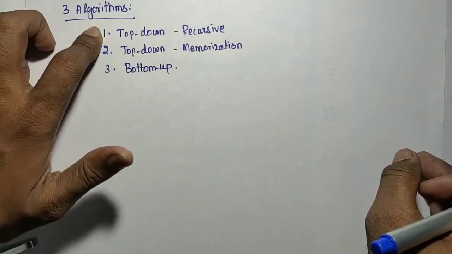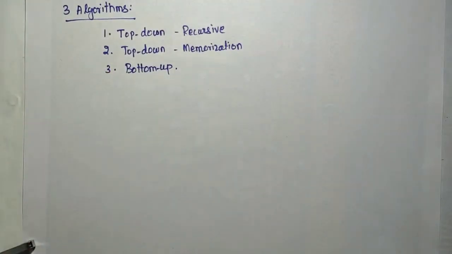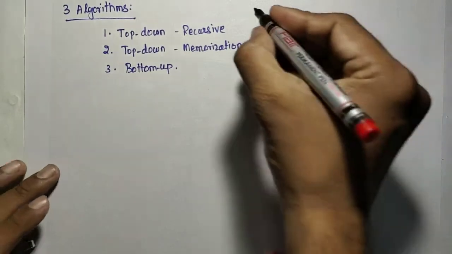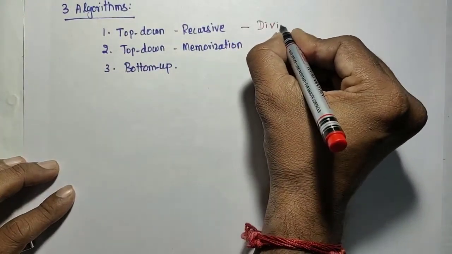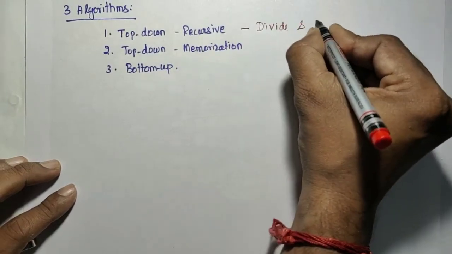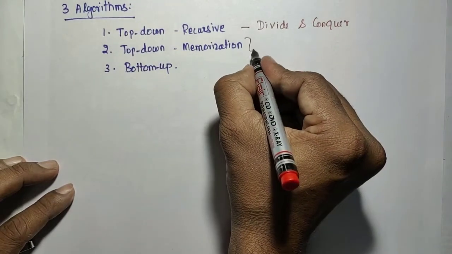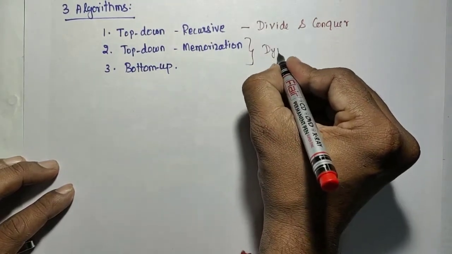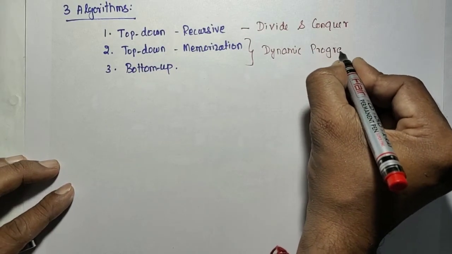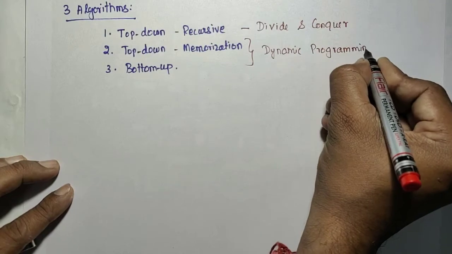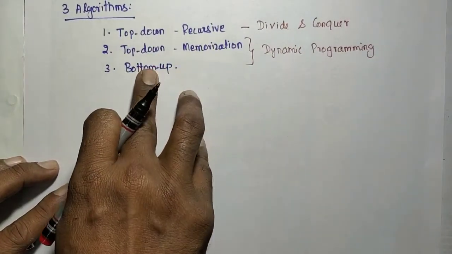One is top-down recursive, another is top-down memorization, and the third is bottom-up. The first is the divide and conquer, and these 2 are dynamic programming. Both are the same method, dynamic programming, only here the approach is different.